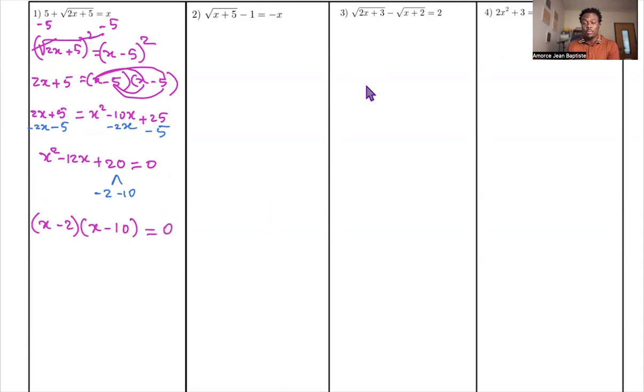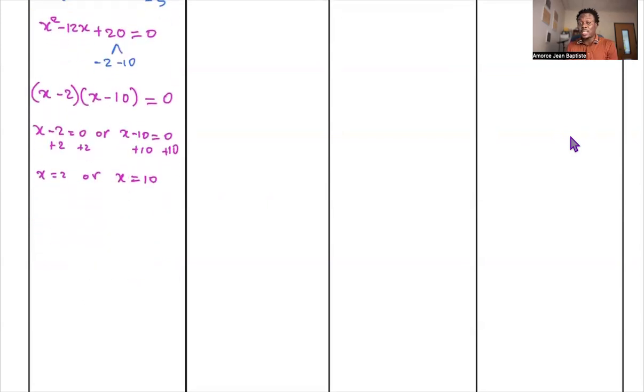Using the zero product principle, we get x minus 2 equals 0, or x minus 10 equals 0. And then with that, we can add 2 on both sides and 10 on both sides of the second equation to get x equals 2 or x equals 10.